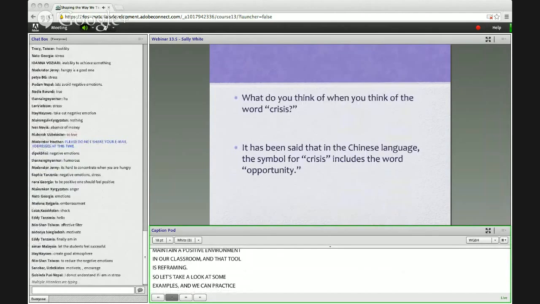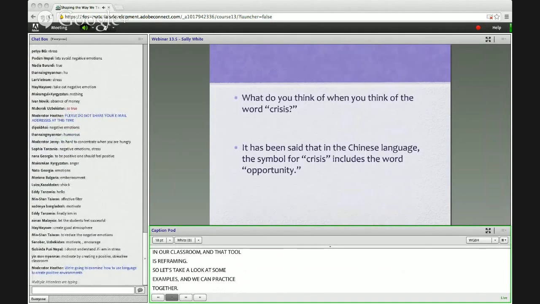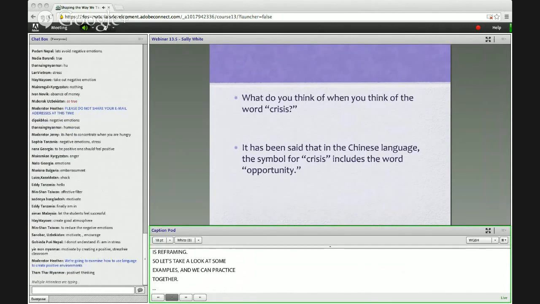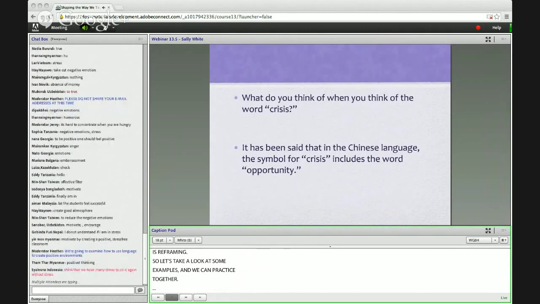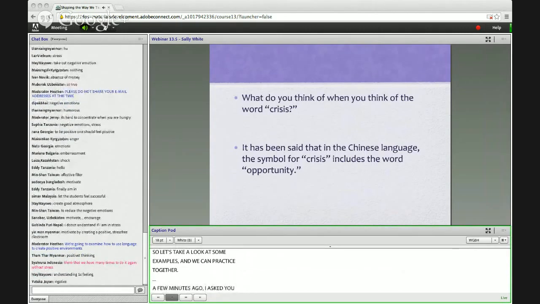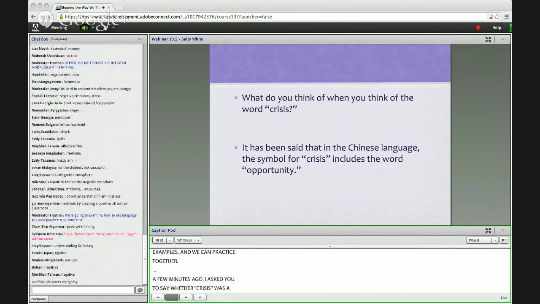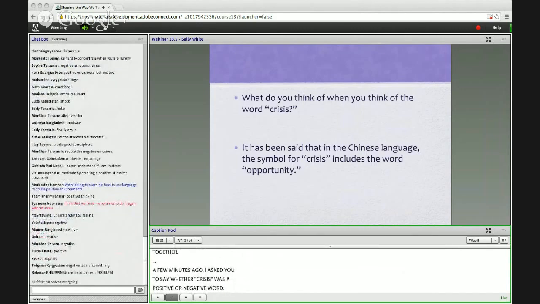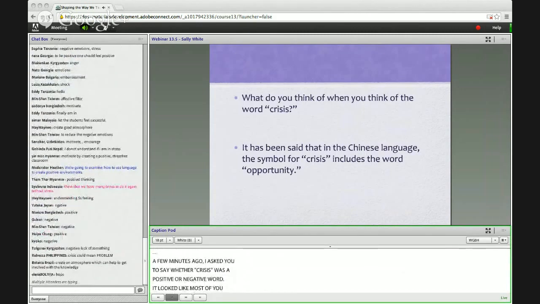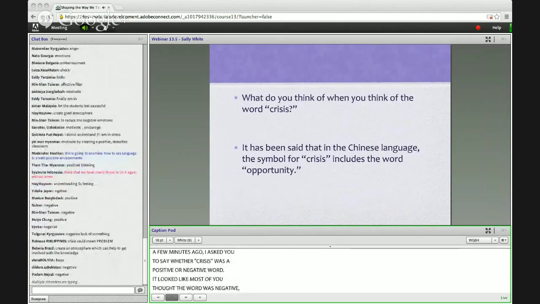So this word crisis, a few minutes ago, I asked you to decide whether the word crisis is a positive or a negative word. It looked like most of you thought the word was negative, which in English, the word crisis has a negative connotation. So when we use it, we usually think of bad things.